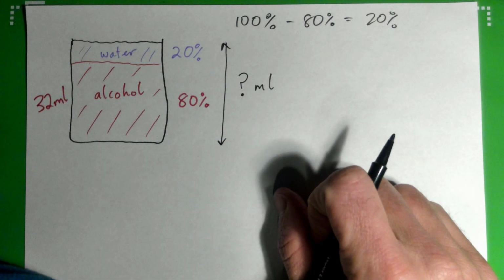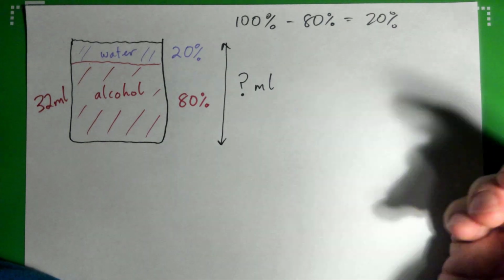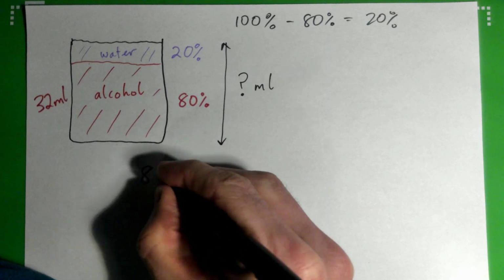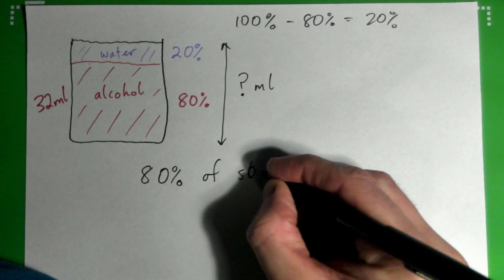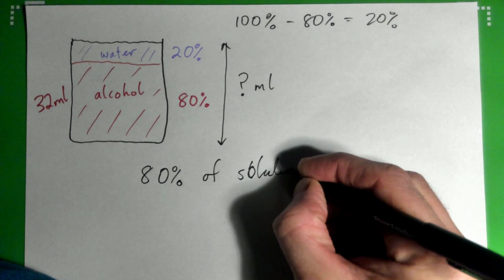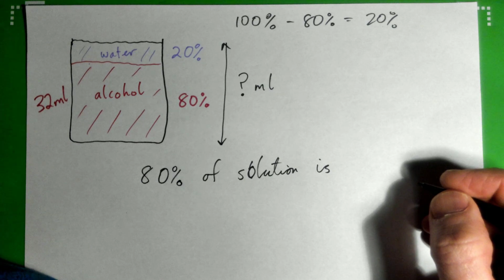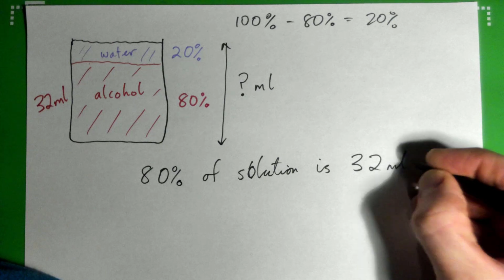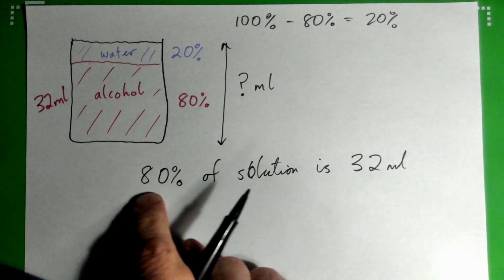Give me a letter that we can call this so we can use some algebra. 80%, right, of the solution, of the total, is what? 32. Right, good. It's 32 milliliters. 32 milliliters is 80% of the solution, right? Can you turn that sentence into an equation?